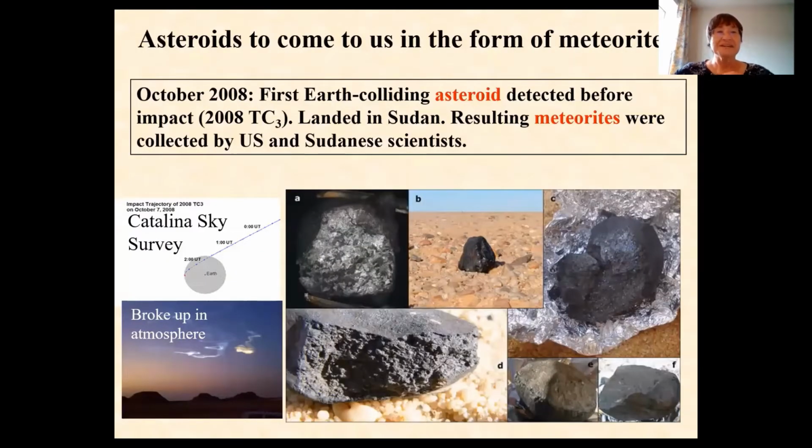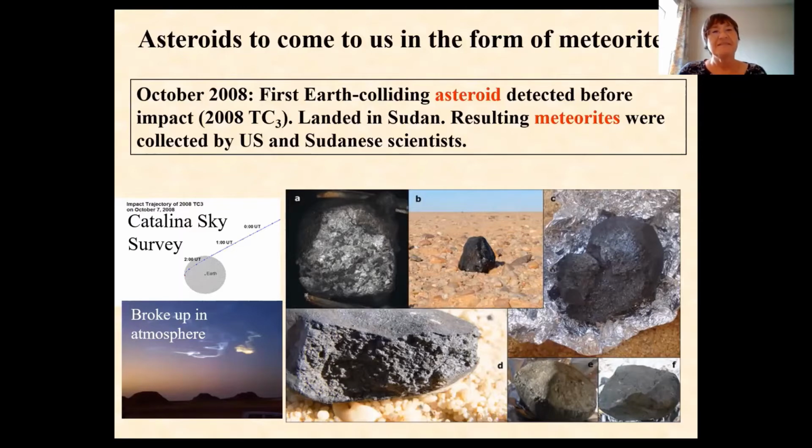Now, we've already heard a little bit about this asteroid. The first Earth-colliding asteroid that was actually detected before impact was 2008 TC3. It was detected by the Catalina Sky Survey. It broke up in the atmosphere. We have pictures of its vapor trail. It landed in Sudan.